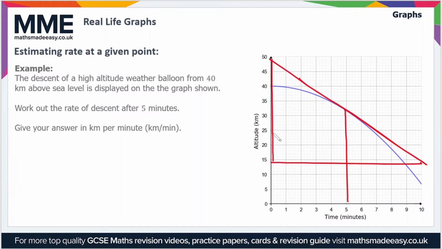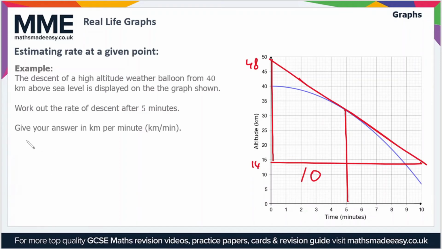So in our triangle we've got a span in time of 10 minutes along the x-axis, and that's because I'm using the whole of the grid to draw the triangle. The bigger you do your triangle, the more accurate it'll be. And then in terms of the altitude, it starts at about 14 here, the base of the triangle, and it goes right up to a value of about 48 here.